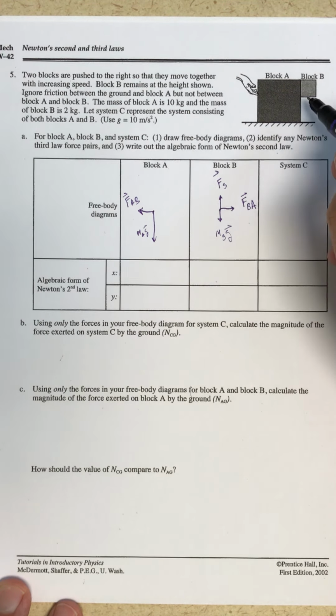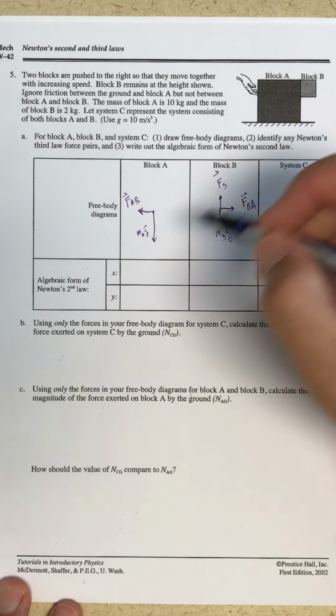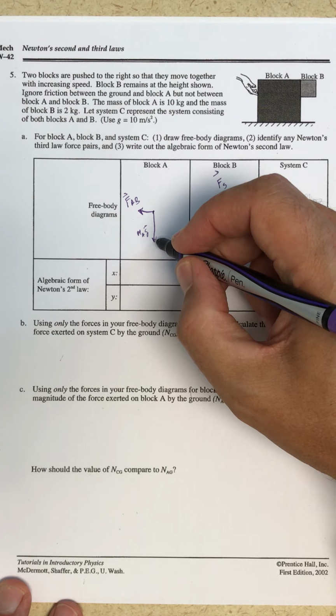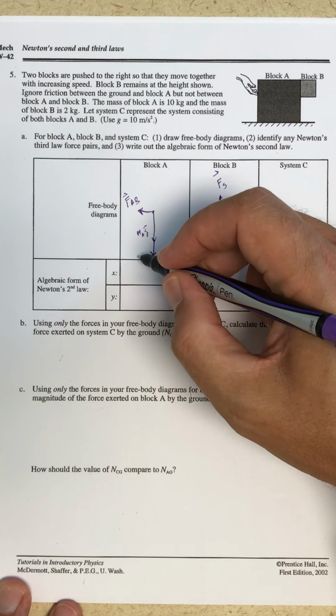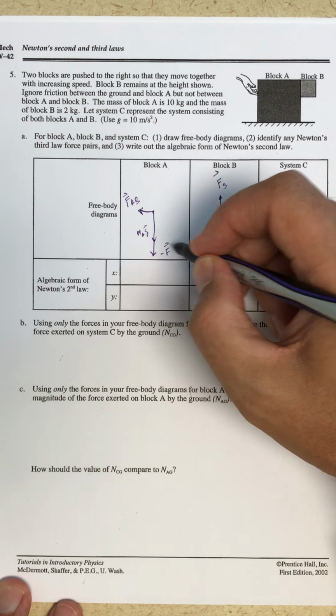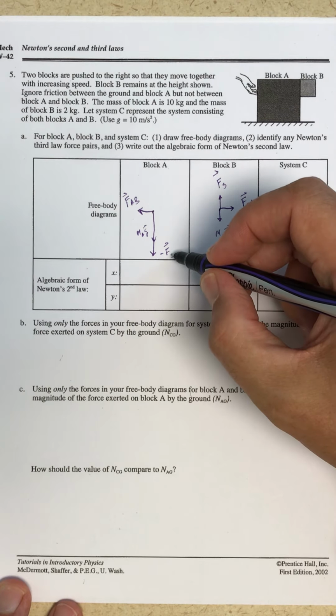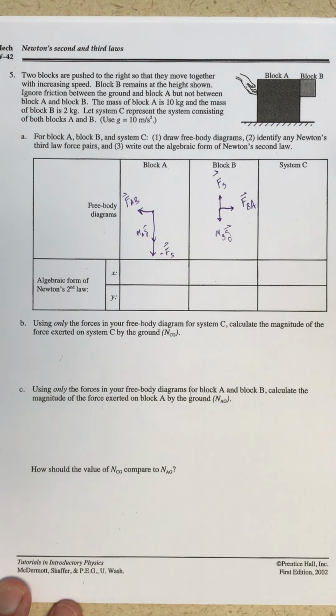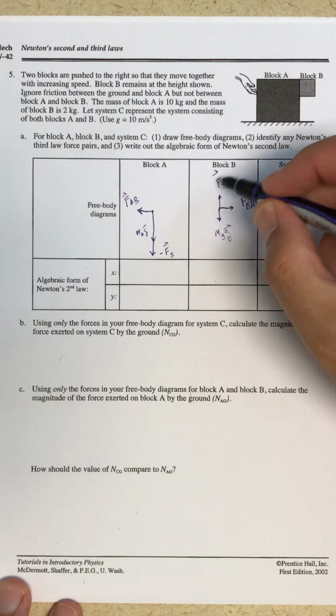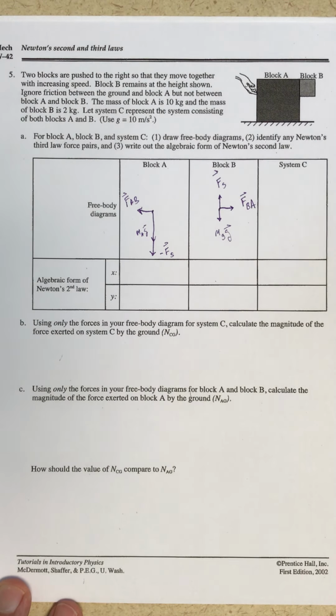There is a force of static friction up on block B, so block B is going to exert a force of static friction down on block A, Newton's third law. I'll just write that in as minus the force of static friction. It's going to be equal and opposite to that force of static friction.